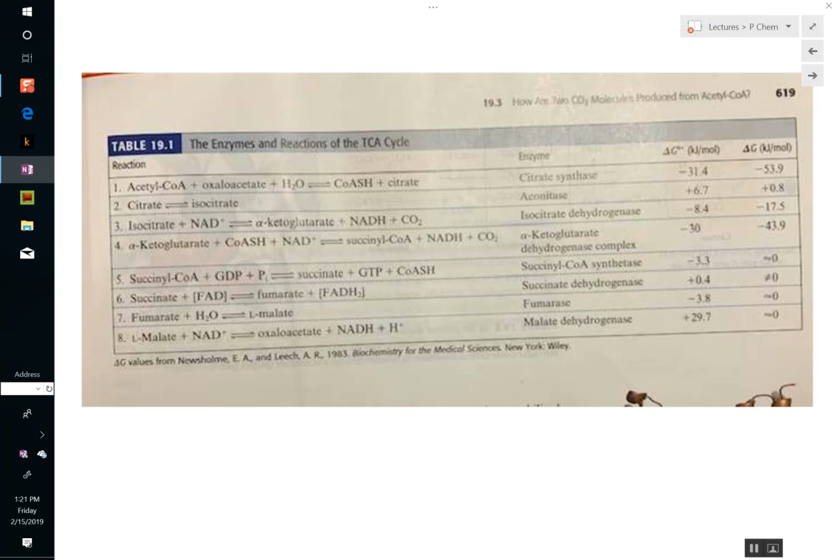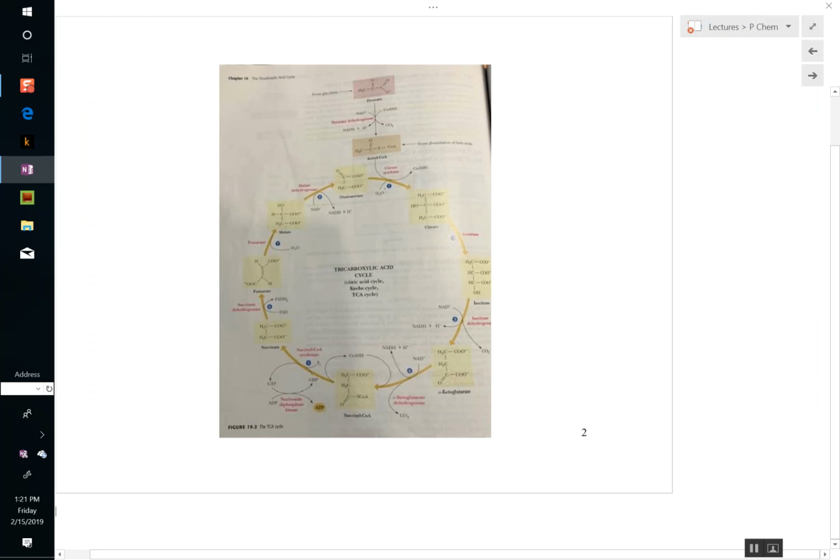A few questions. What is this, for one? Oh, you're an engineer. I forgot. Okay, so this is the tricarboxylic acid cycle in biochemistry, where glucose is being metabolized and feeding into this cycle, human metabolism.